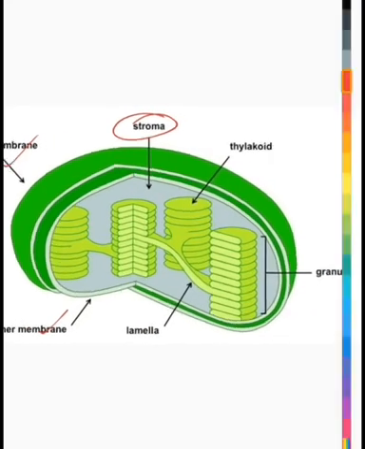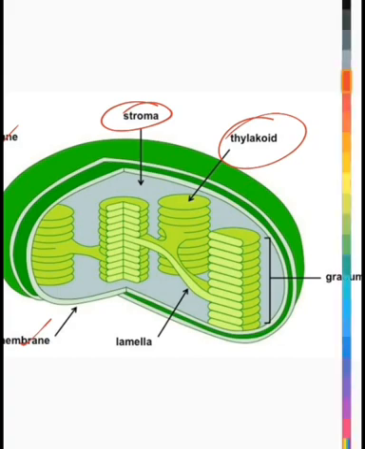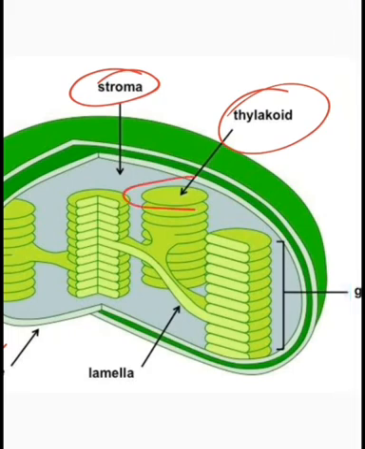Next, moving to the thylakoid. Our next component of chloroplast is thylakoid. Thylakoids are these coin like structures.